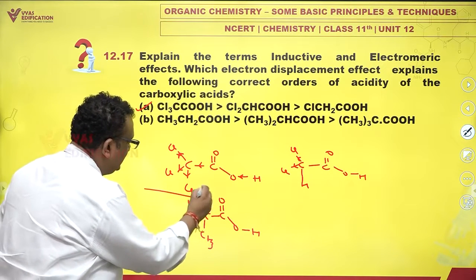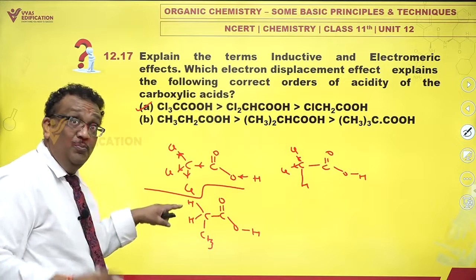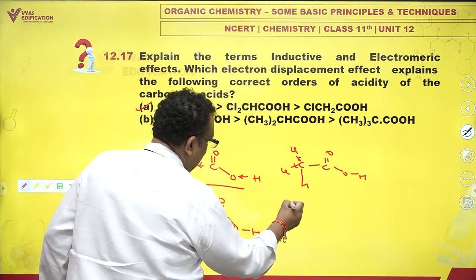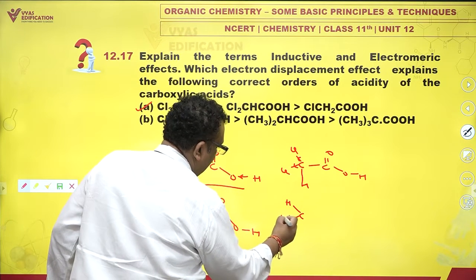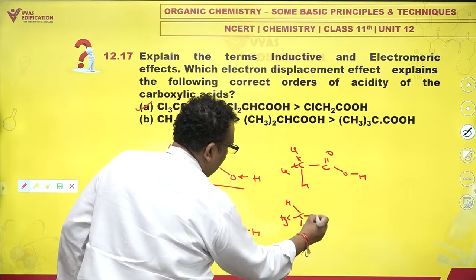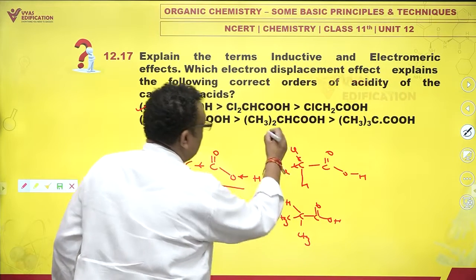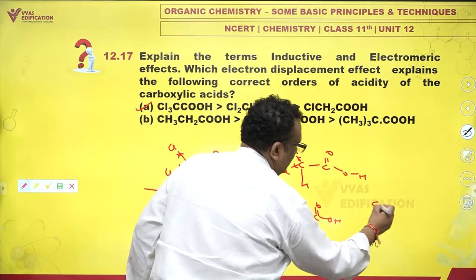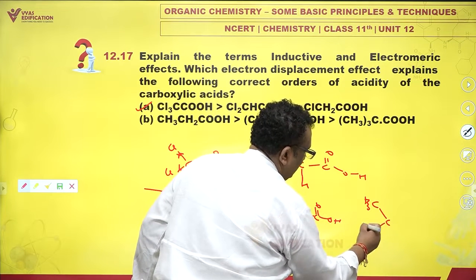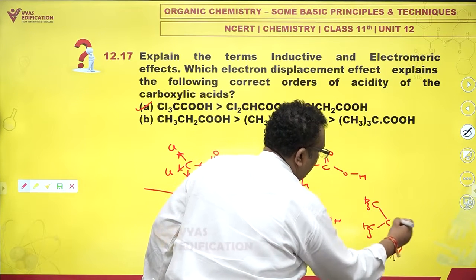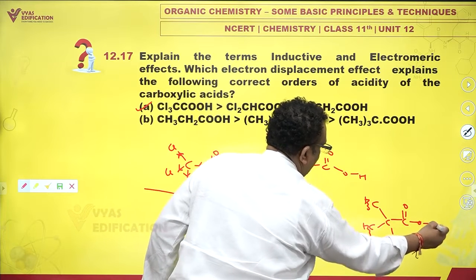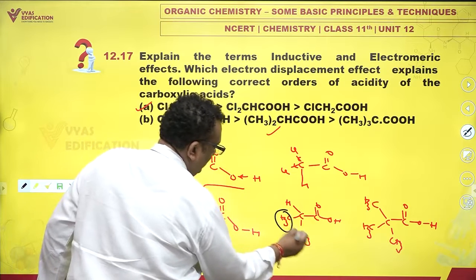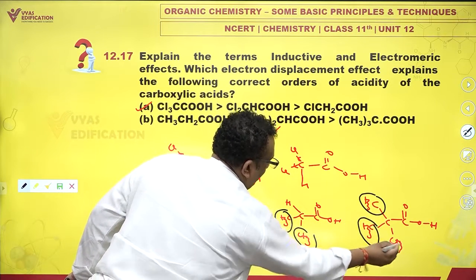If I replace these hydrogens by more and more methyl groups, which are electron releasing groups, I'll get (CH3)2CHCOOH, which is this. And if I write all 3 methyl groups, I'll get this, CH3 C CH3 CH3 COOH. So please note 1, 2 and 3 methyl groups.